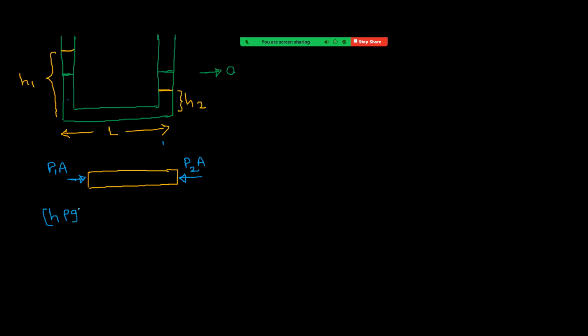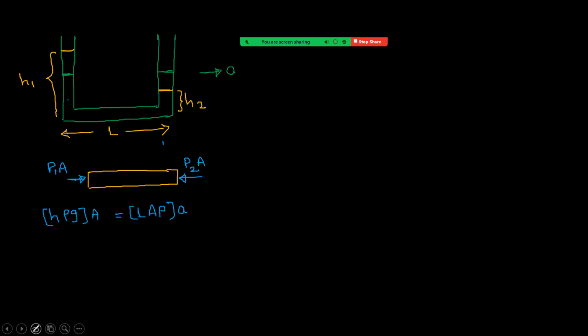This is P1 minus P2 into A. This is now net force. Net force equal to mass into acceleration. Mass of this liquid column: mass equal to length L into area, that gives volume, into density, that gives mass. Net force equal to mass into acceleration.